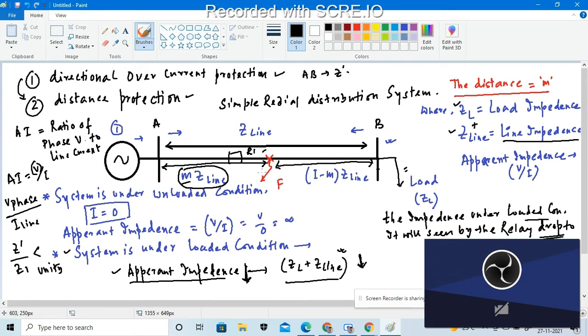This ratio also indicates the distance of the fault from the relay. That means we have to find out the location of the fault: whether any such fault has appeared in the transmission line or not, and at what distance from either the system side or the load side.